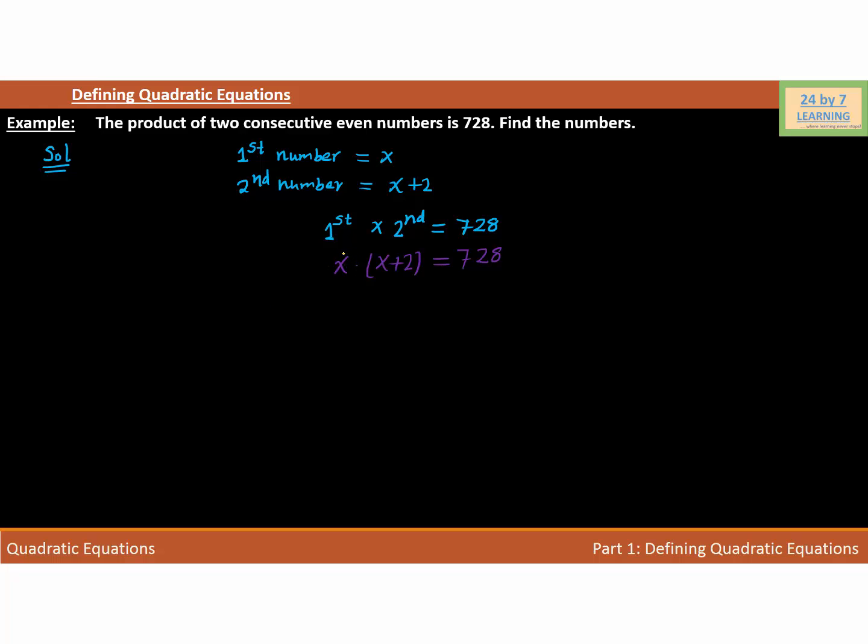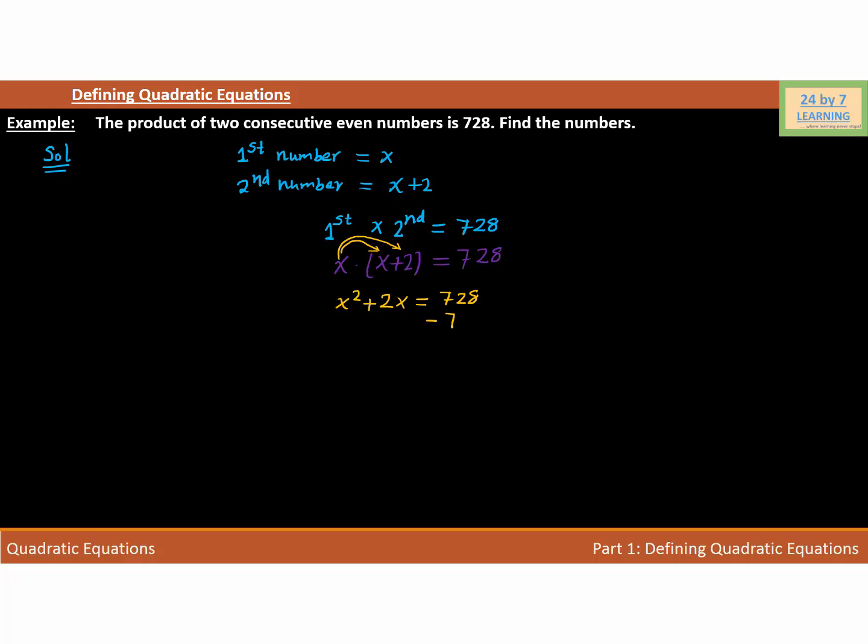Now I'm going to distribute x. So I will multiply x with this x and then x with 2. My product will be x times x is x squared plus x times 2 is 2x, that is equal to 728. Now I'm going to take this 728 to the other side.